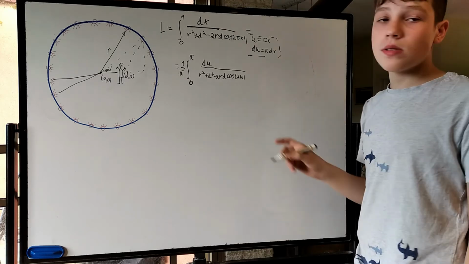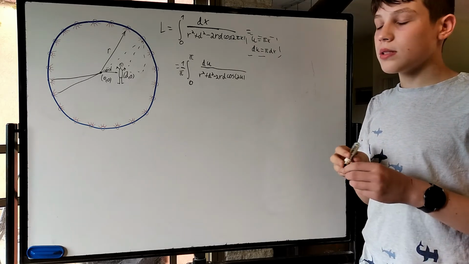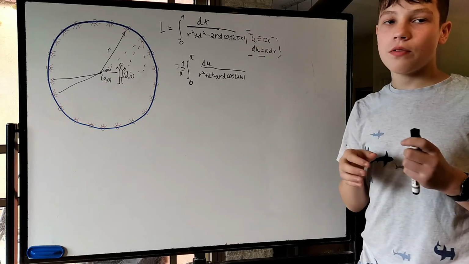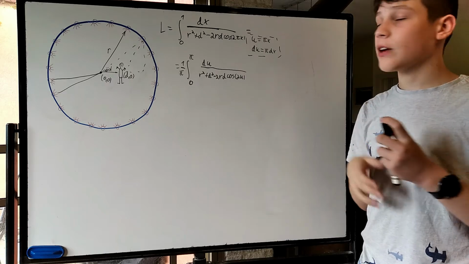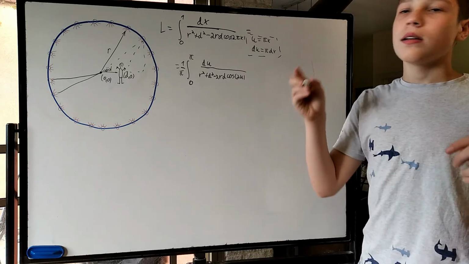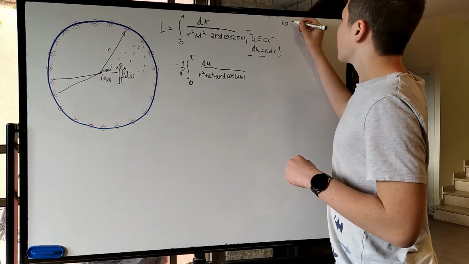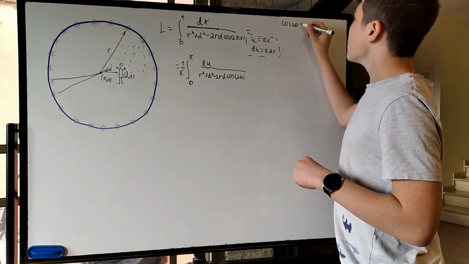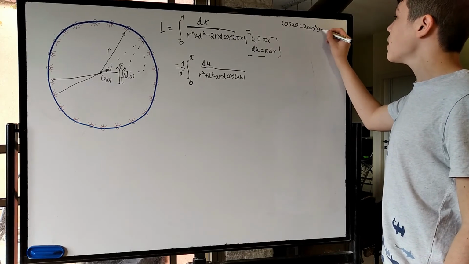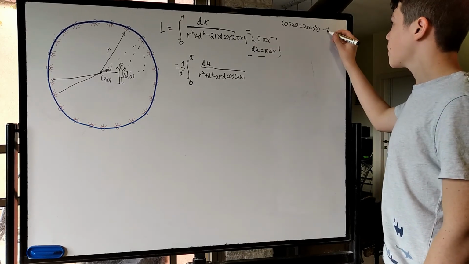Now I'll split cosine 2u by the double angle theorem for cosine, which says cosine 2 theta is equal to 2 cosine squared theta minus 1.